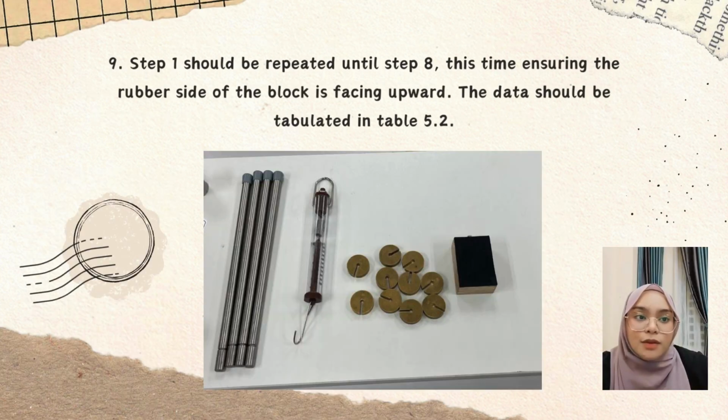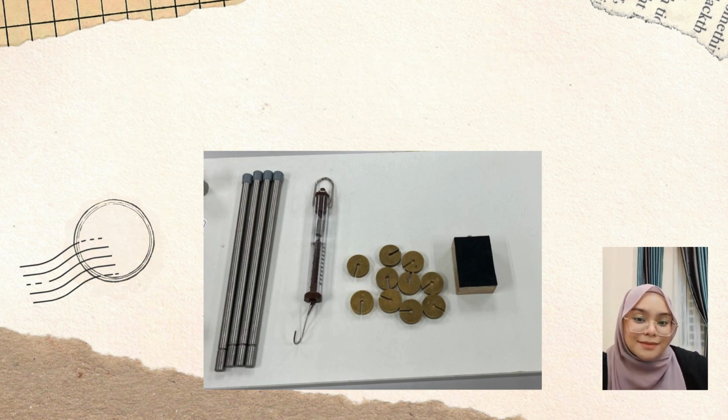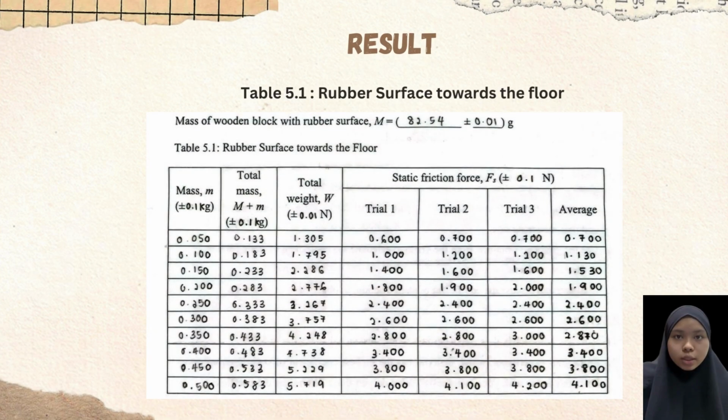Steps 1 to 8 should be repeated, this time ensuring the rubber side of the block is facing upward. The data should be tabulated in table 5.2. Now, let's take a look at the results. Here are the results and the data that we collected from the experiment.